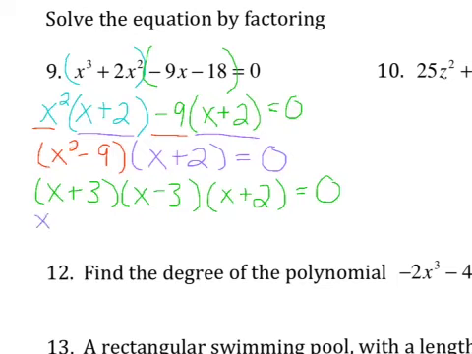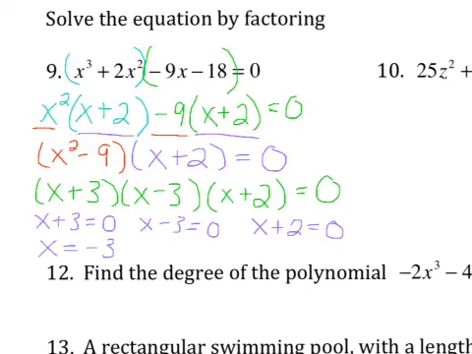So we have x plus 3 equals 0, x minus 3 equals 0, and x plus 2 equals 0. So our final answers are going to be x equals negative 3, x equals positive 3, and x equals negative 2.